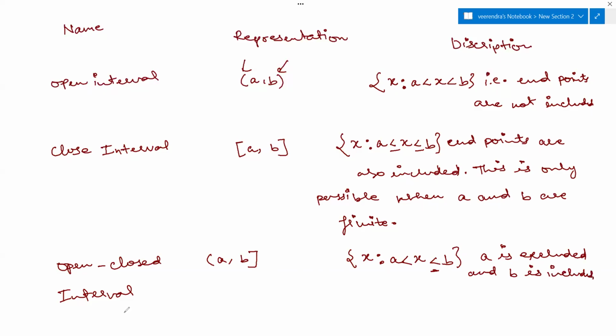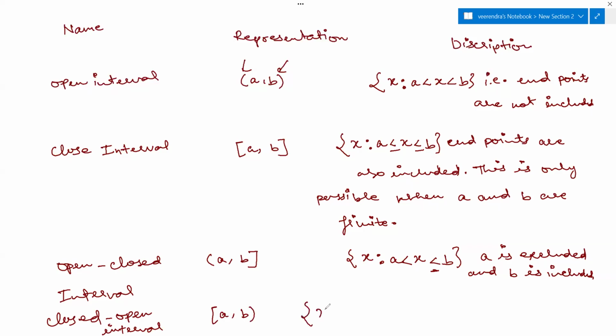Similarly, if I take closed open interval. Okay. Close means first we are closing at A and at B we are taking open interval.